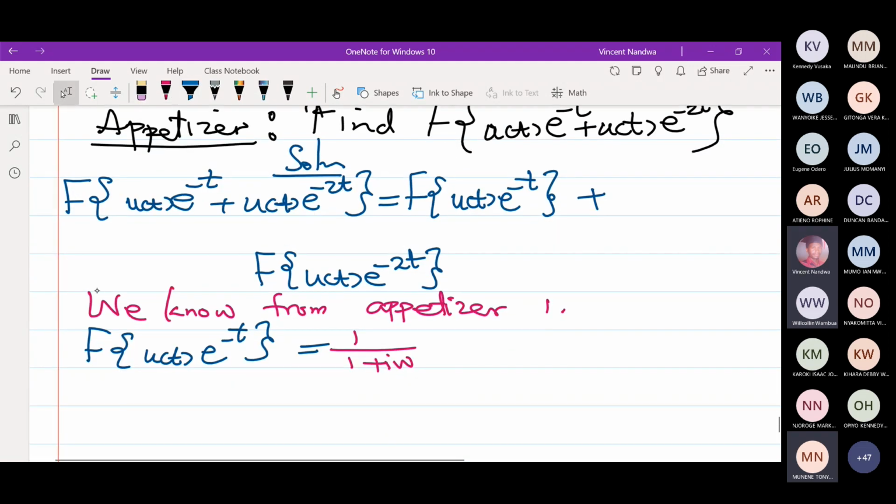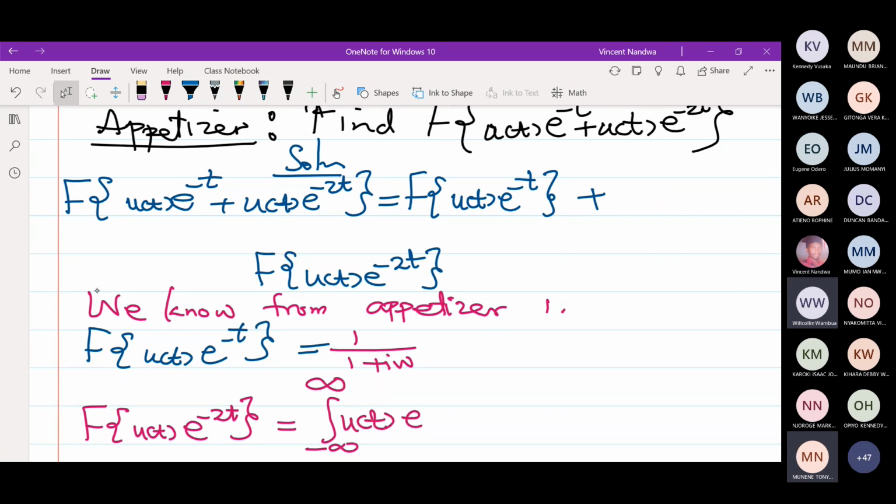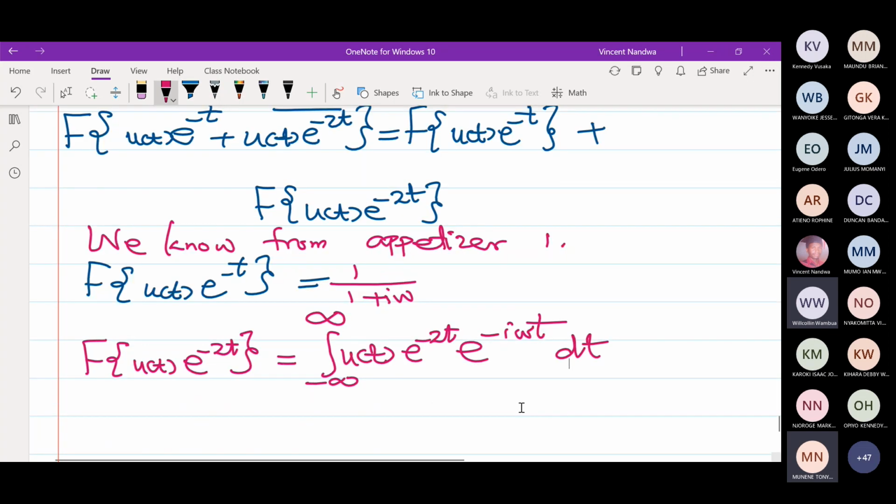And then the key thing will now be to evaluate the Fourier transform of u of t e raised to power minus 2t, which by definition will be the integral from minus infinity to positive infinity of u of t e power minus 2t times e raised to power minus i omega t dt. This is by definition of the Fourier transform of f of t. But where do we carry out the integration from?